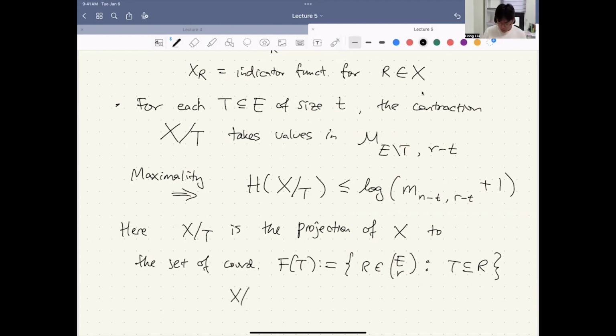So this is basically the projection of F onto this set of coordinates, which are supersets of T.